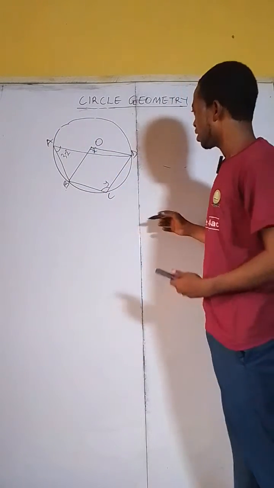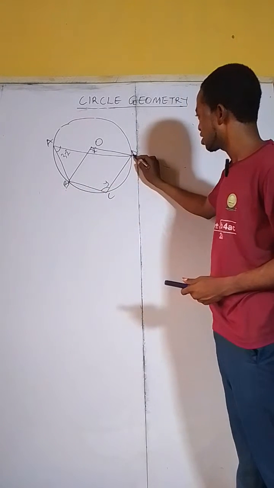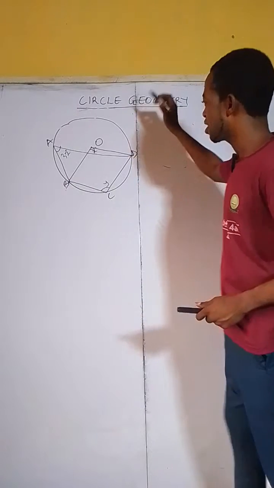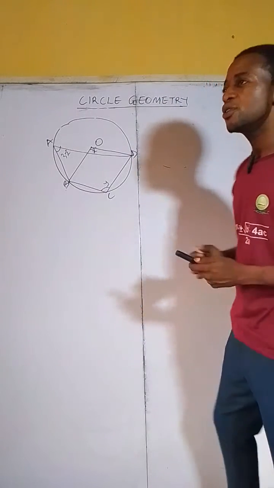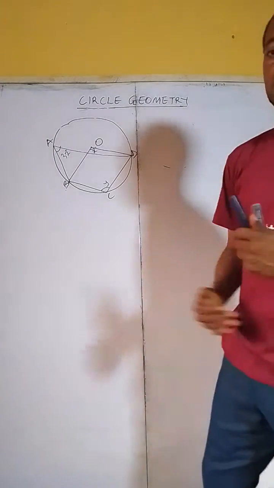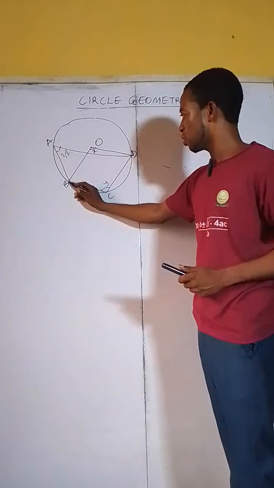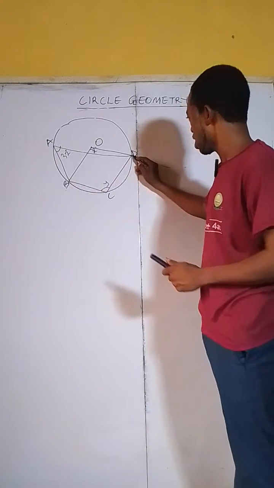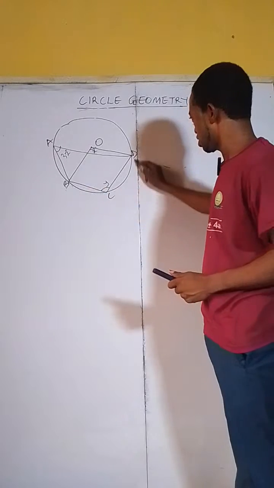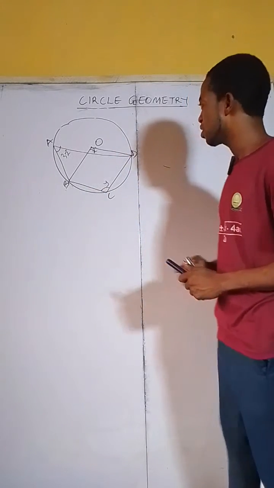And when you look at that, it is this arc BD that subtends this angle. So an angle can be subtended by either a chord or an arc. That's where it started from in this class. So when you look at this arc BD, it subtended two angles here, even three angles.